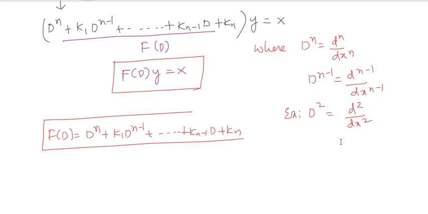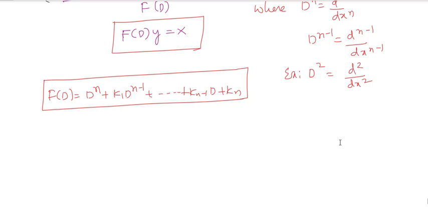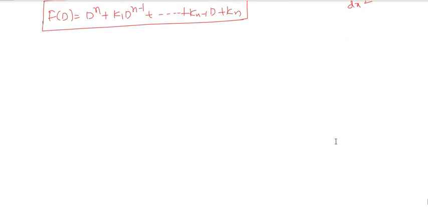Now for this, what I have to get is the solution. So again, the complete solution for this f of d into y is equivalent to x is nothing but what, ma? Maybe in your academics, you have gone through it as the complementary function as well as the particular integral. Am I right or not? So here let me consider some points based upon this. Let me take the first point here.